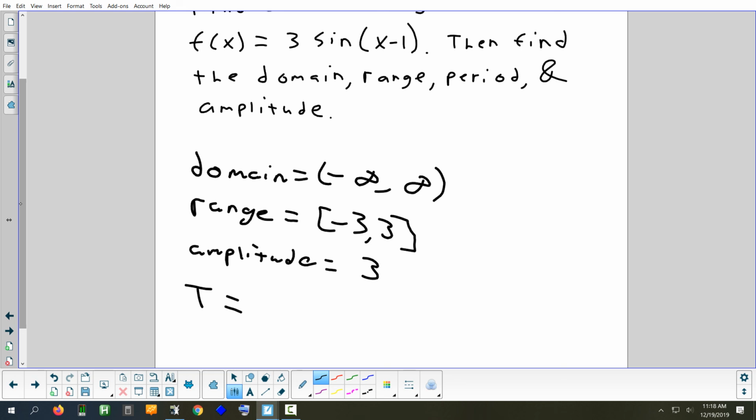That's A. -1 is a phase shift. Where do you look for B? You always look where? In front of the x. So what's in front of the x? 1. Yep. So in this case, the period is 2 pi divided by 1, or just 2 pi.